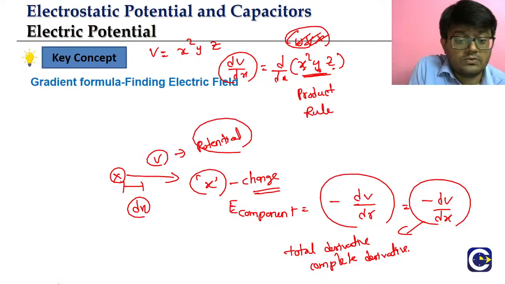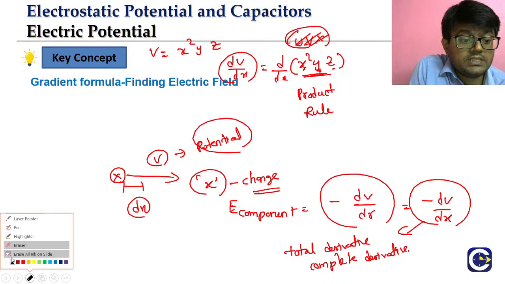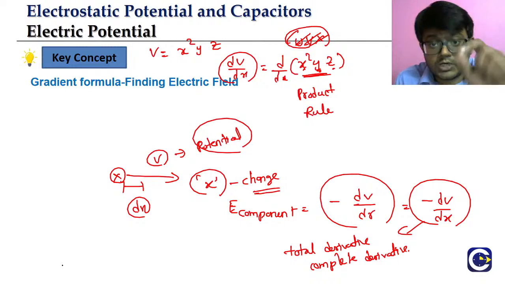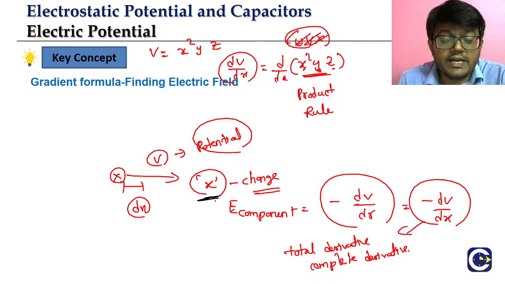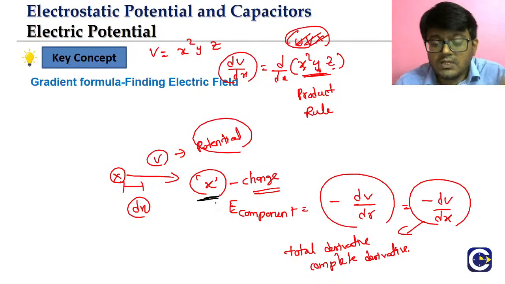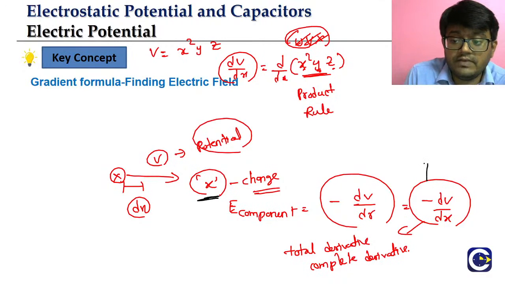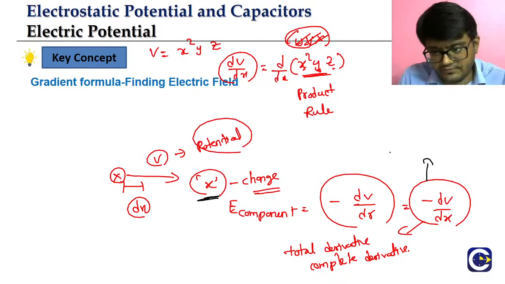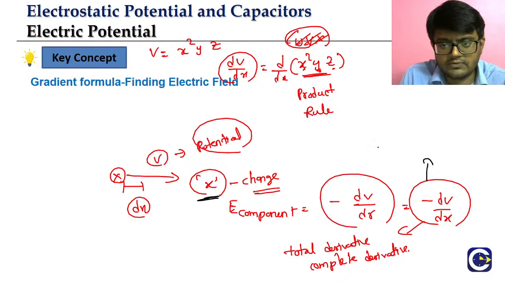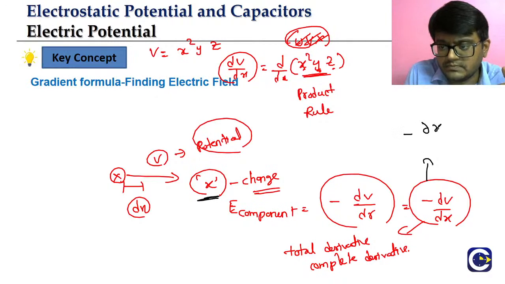We are only looking at the change in potential value because of the change in the variable x. In mathematics we call this a partial derivative. For that we will use a different notation.